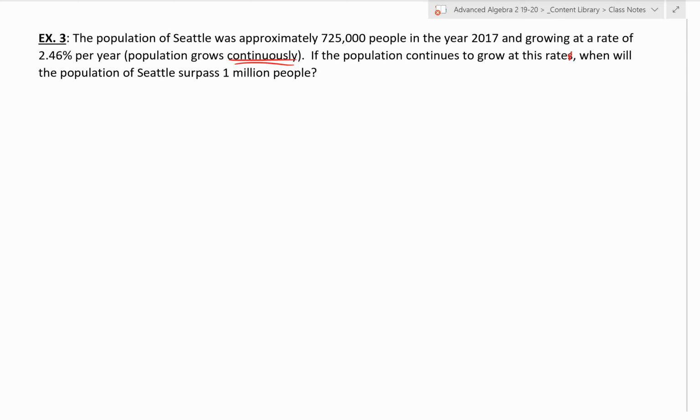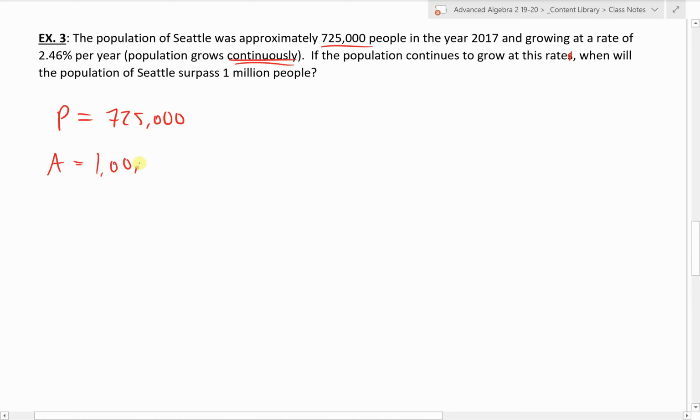It's the exact same function as we did in the last problem. Our principal, though, instead of a certain dollar amount, is the number of people that we started with. So we started with 725,000 people. And we're interested in when we will get to 1 million people, right?